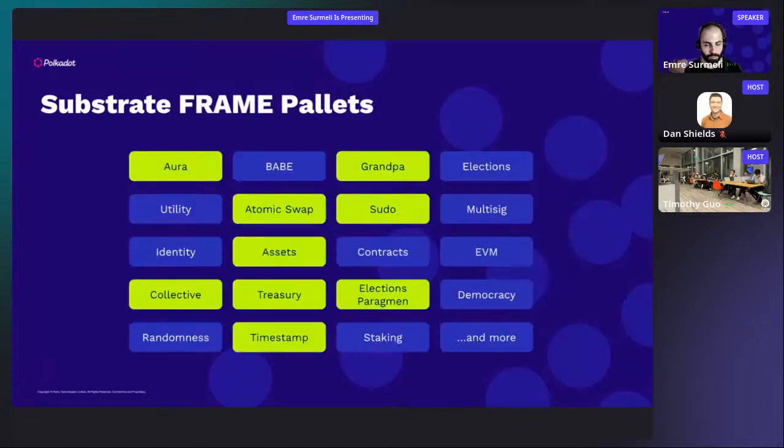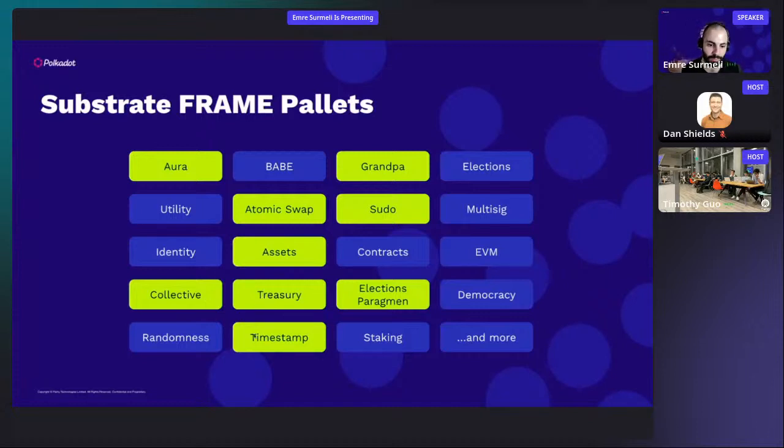So Substrate has these things called pallets, and these pallets are those modules that I talked about. You can literally go into all the pallets that Parity has built so far and pick and choose what you want to include in your blockchain. So for example, we have a few things here. We have atomic swaps, sudo, which is like a super user account that allows you to do anything. Assets, so things like fungible and non-fungible assets. Treasury, so you can have an on-chain treasury.